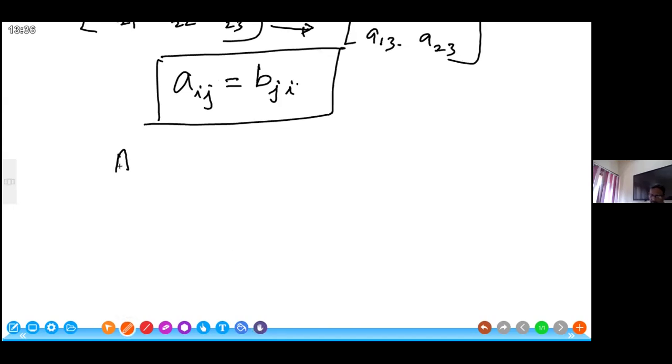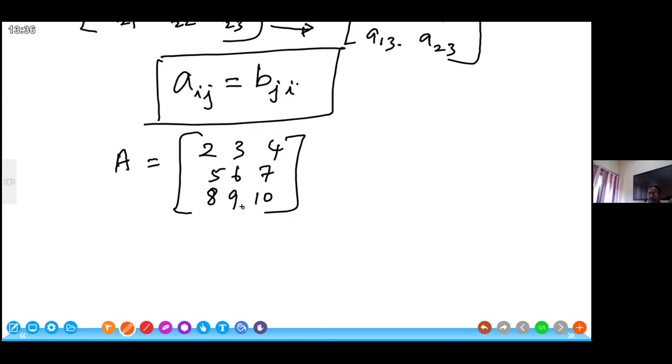Right. Let's say A matrix 2, 3, 4, 5, 6, 7, 8, 9, 10. Write down the transpose of this. What is the transpose of this?